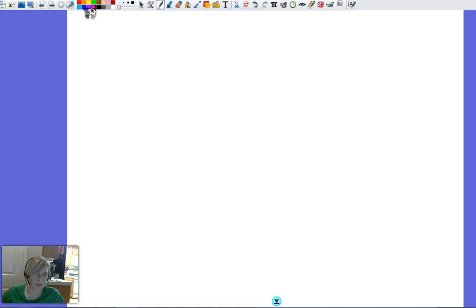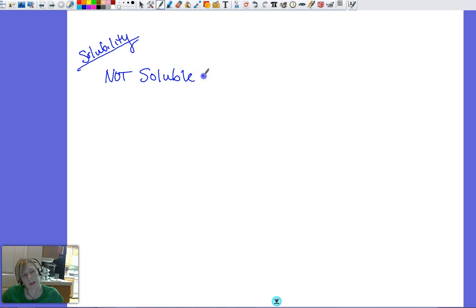And now our solubility. You need to use the chart that I gave you. It says name an ion that will precipitate with sulfide. So if you look at your chart, you're looking for the one that says not soluble. Not soluble equals precipitate. PPT means precipitate.